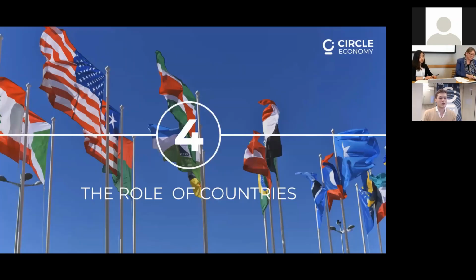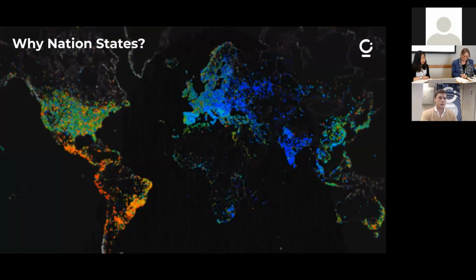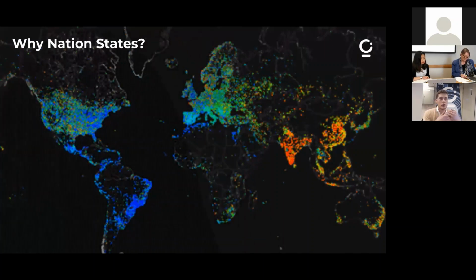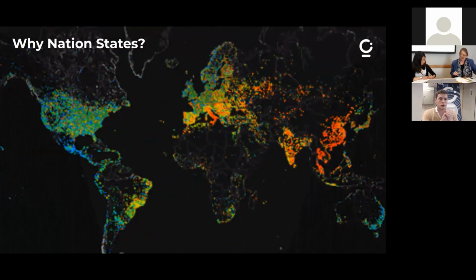But let's first move on to the last part of my presentation today, which is the focus we set, beyond updating the circularity metric, in this new edition of the Gap report: the role of countries. Why are nation states or countries so important in this transition?